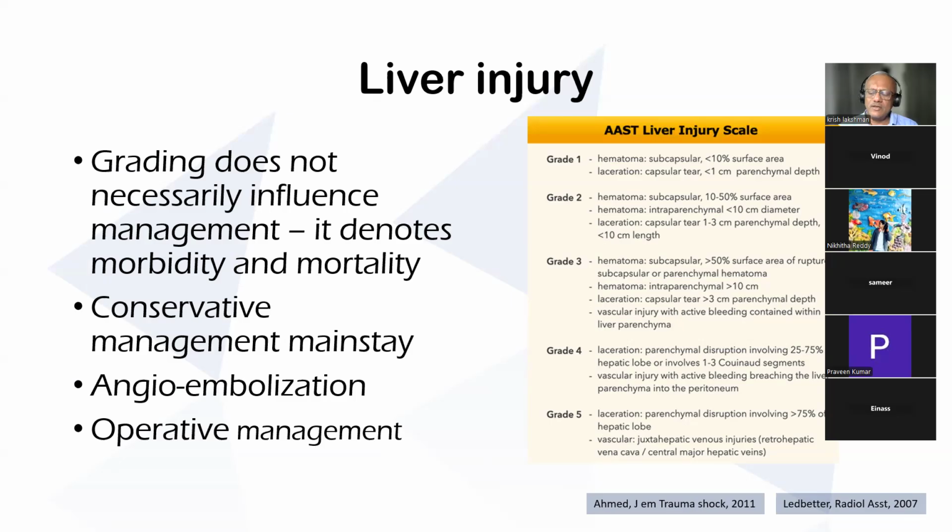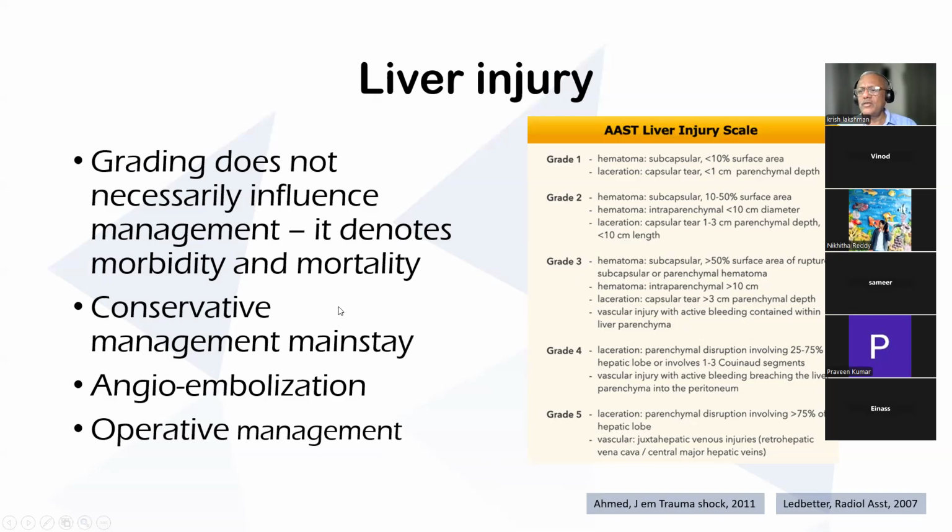The reason is that the liver is a much bigger organ and you have perhaps more ways of controlling the bleeding there than in the spleen. And because it's a bigger organ, even the so-called smaller grades can give rise to bigger bleeding. So don't go too much with the grading as far as your treatment decision is concerned.